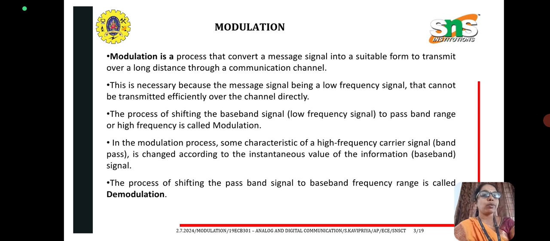So in the modulation process, some characteristics of the high frequency signal are changed in accordance with the information signal. The high frequency signal is the carrier signal here. The process of shifting the passband signal back to the baseband frequency range is called demodulation.